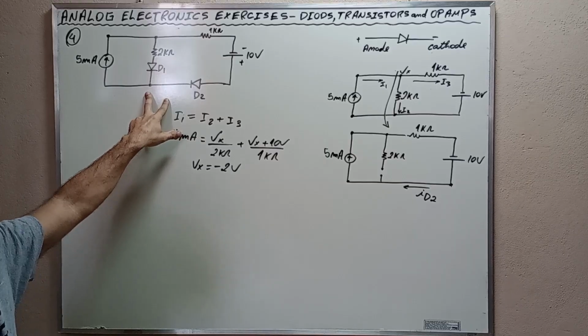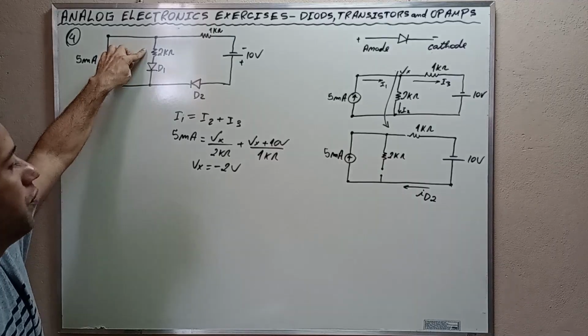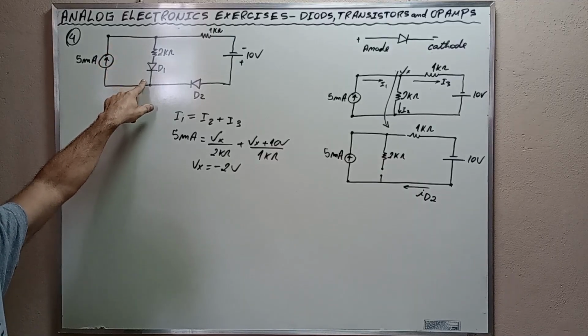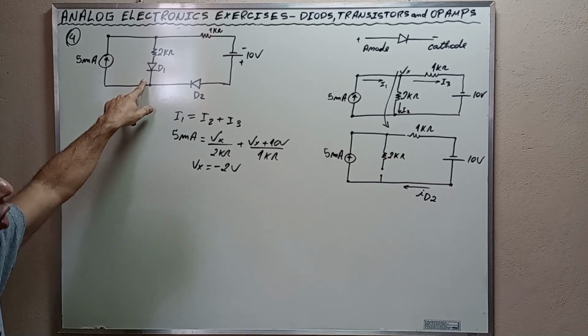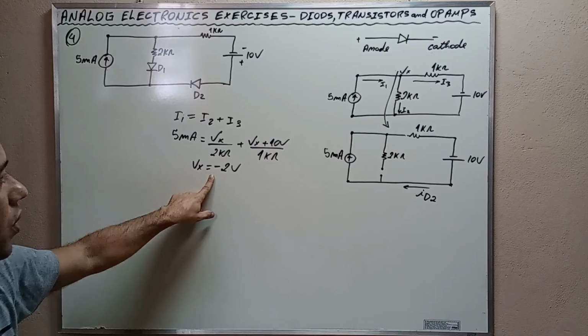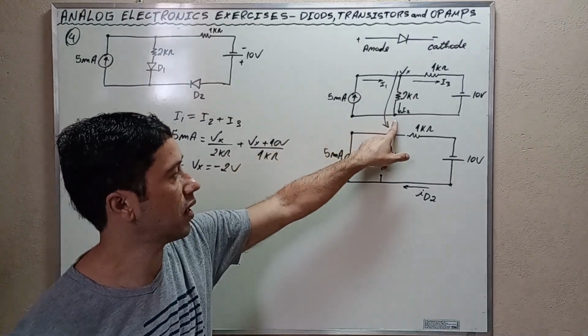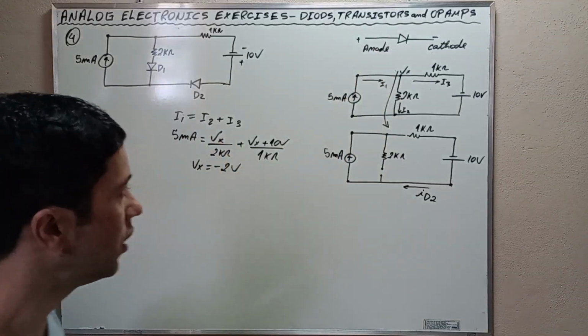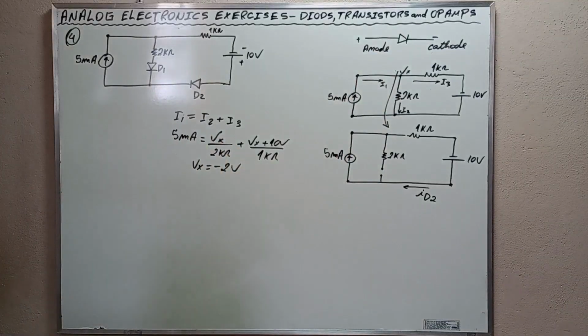We expect the anode of D1 to be higher in potential than its cathode for conduction, but we discovered that Vx is negative 2. Then the cathode is higher in potential than the anode. Then consequently we find that in reality D1 is not conducting.